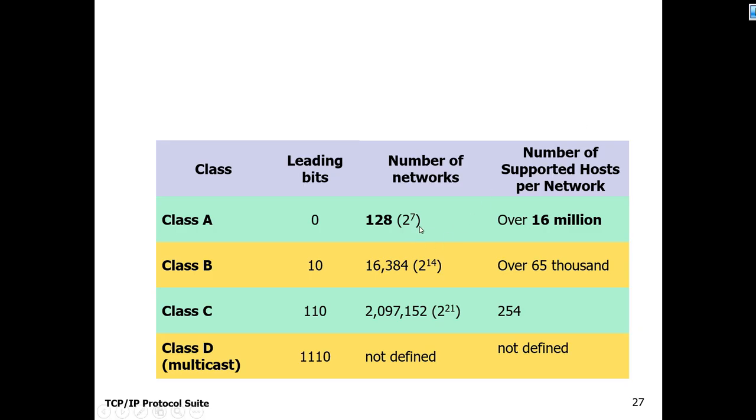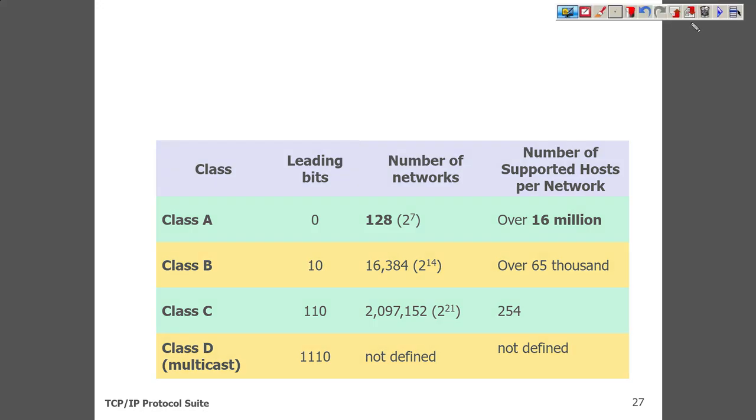Now let us understand what this slide represents. We have seen class A, so let us start with class A. Now, class A, the nomenclature is 8 plus 24.